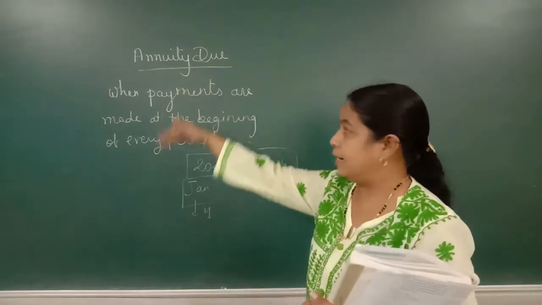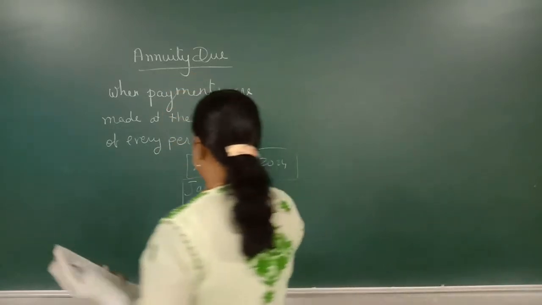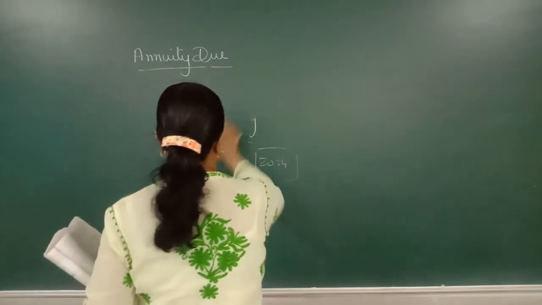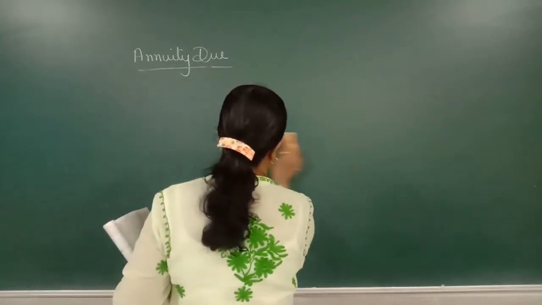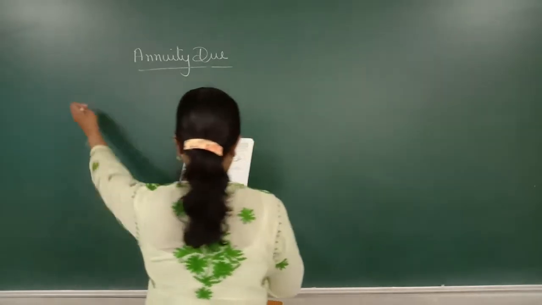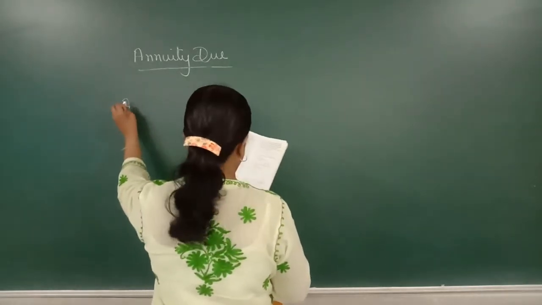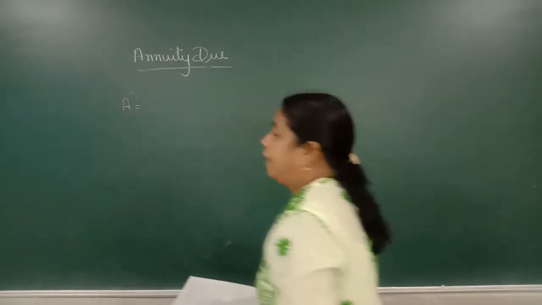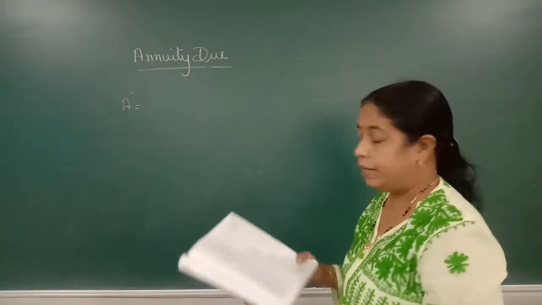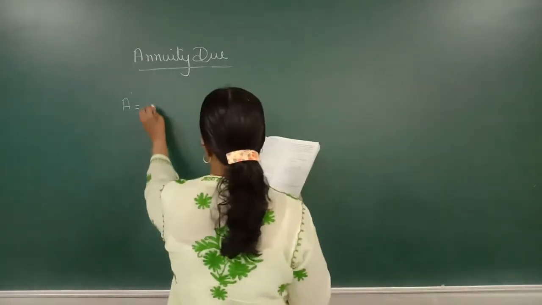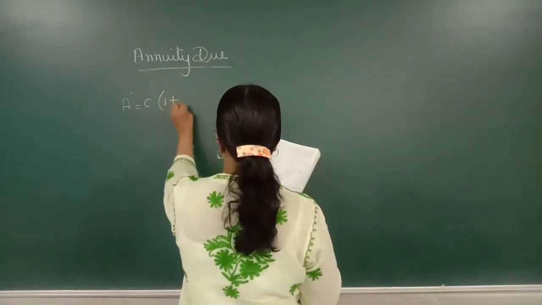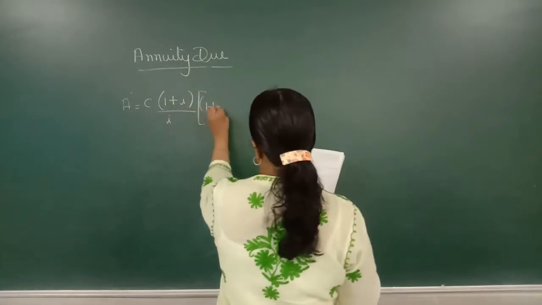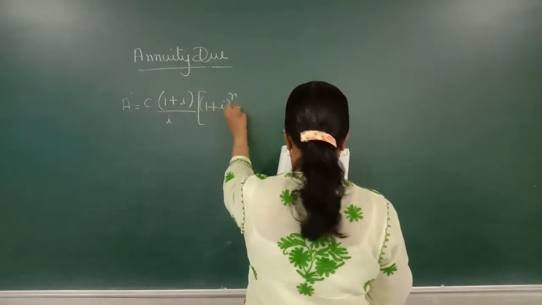So first I will write all the formulas here. Now write down A dash. We are denoting it by A dash is equal to C into bracket 1 plus i upon i, into bracket 1 plus i to the power n minus 1.